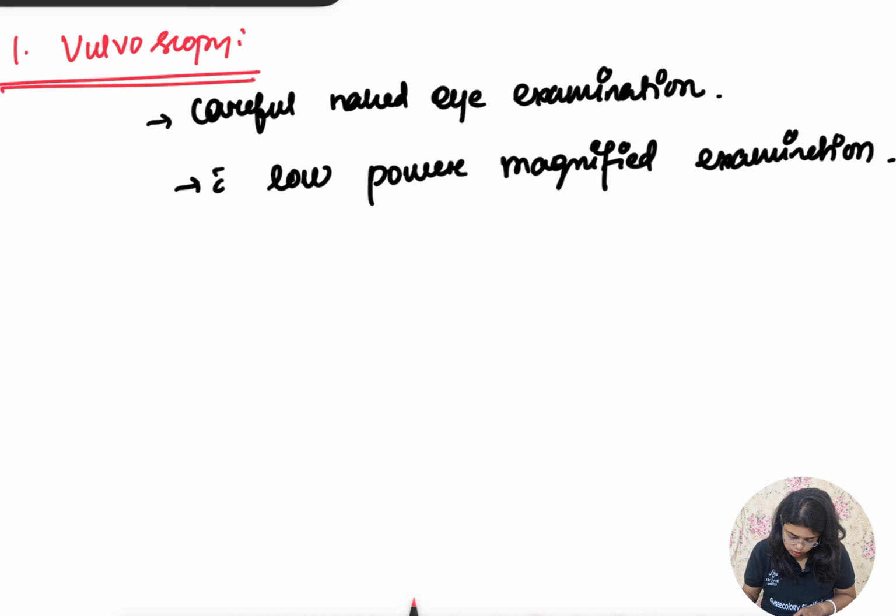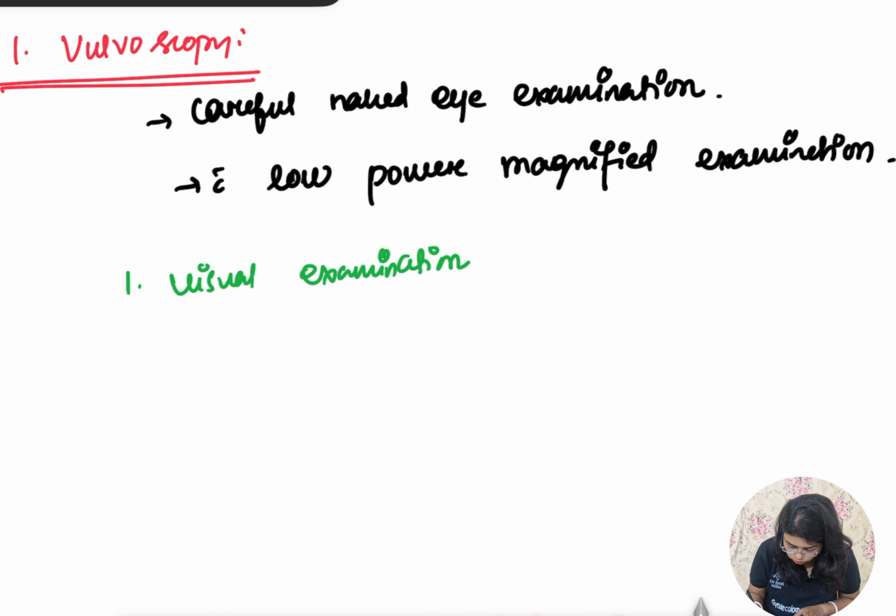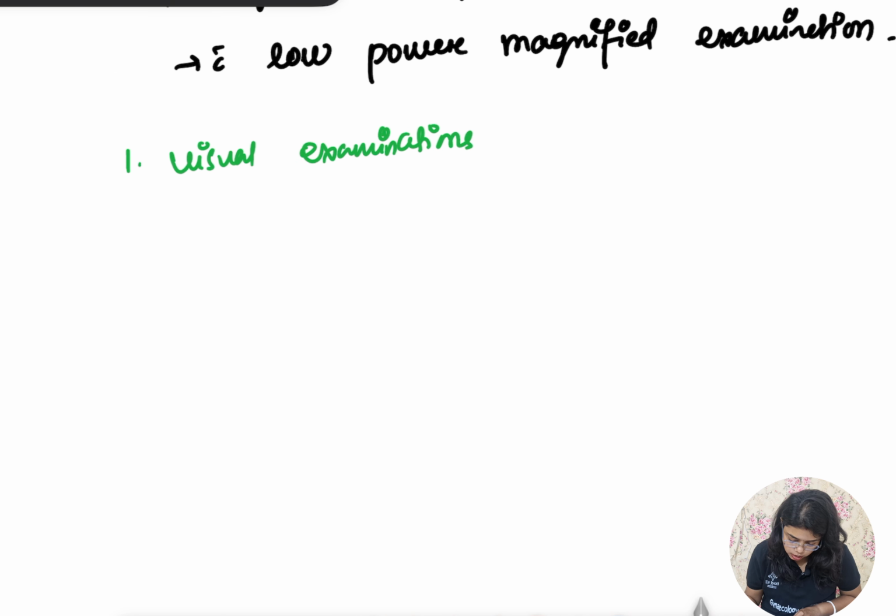Then what are the steps? The first step is visual examination. We see if there are any white plaques, red patches, erythematous lesions or ulcers. These are the abnormal findings. Then we apply acetic acid, like we do in colposcopy.